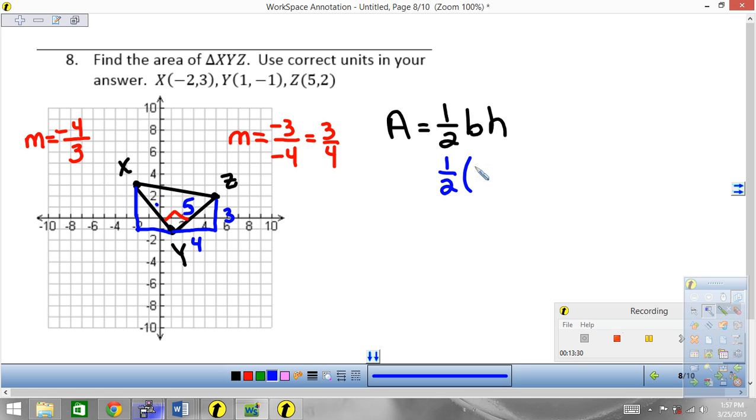So I know the base of my triangle is 5. Again, over here we have another 3 and 4 on the legs of my right triangle, so I know that this side will be 5 because this is our famous Pythagorean triple. So we have 1/2 of 25, which will give me an area of 12.5 units squared.